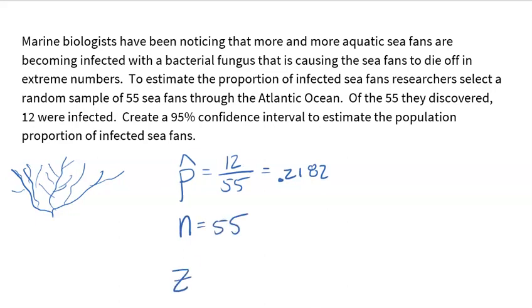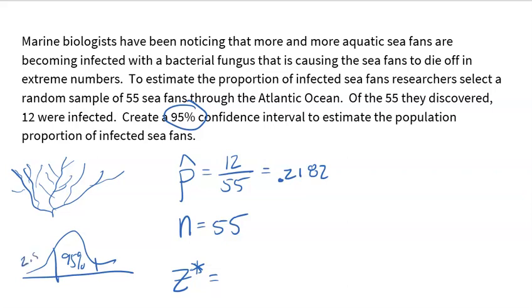And the only other number we need is our z-star. This is simply how far we're going to reach, how many standard errors we're going to reach in both directions to try to capture the truth. Now remember, this is contingent on how confident we want to be. So we talked about this in the previous video, but if we're 95% confident, that means that 95% of samples are in the middle.